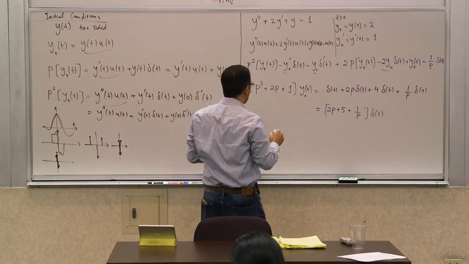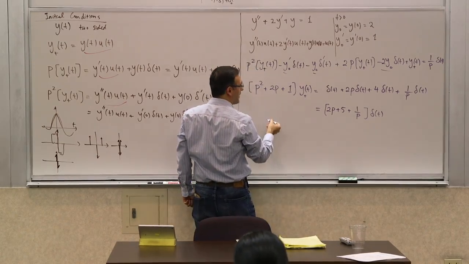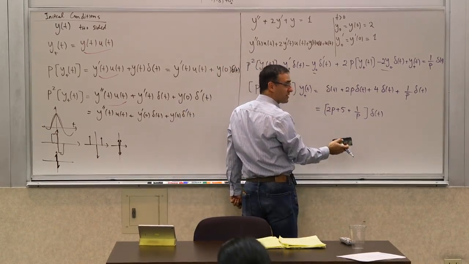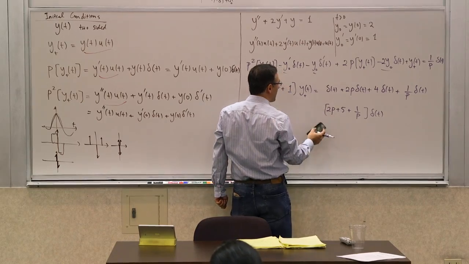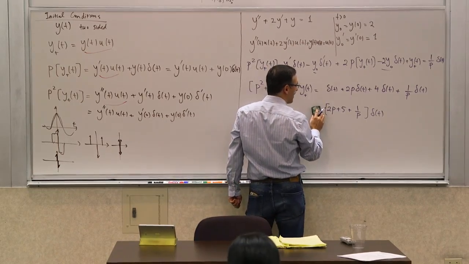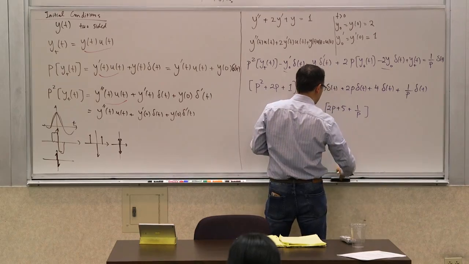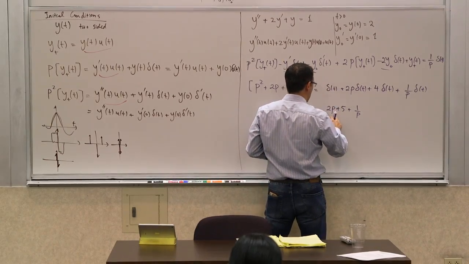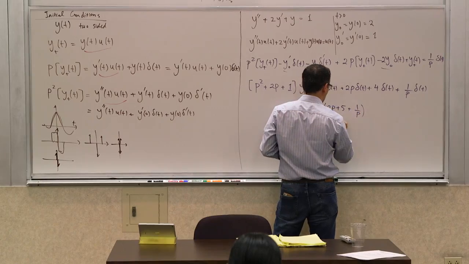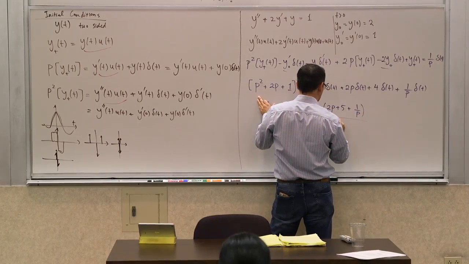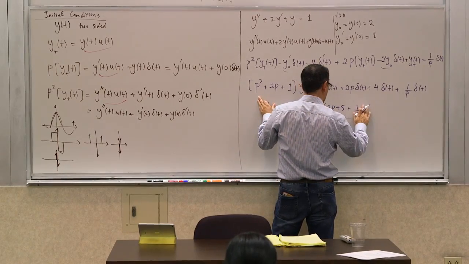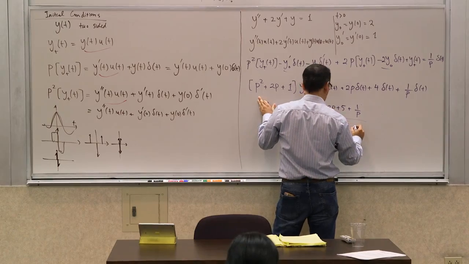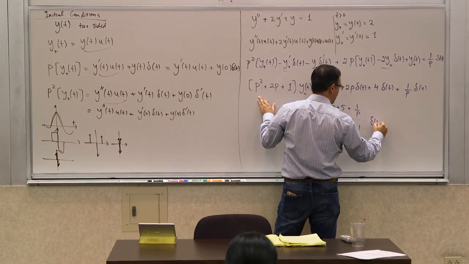All right. So now I have these two. All I need to do is write y plus of t. Y plus of t is just this operator divided by this operator operating on delta of t.